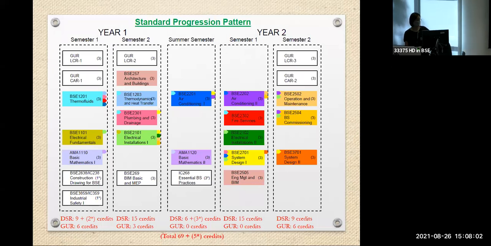These two subjects are not really very difficult, but because it's the first time that you are admitted to university, maybe you are not adapted to the university environment and the study.